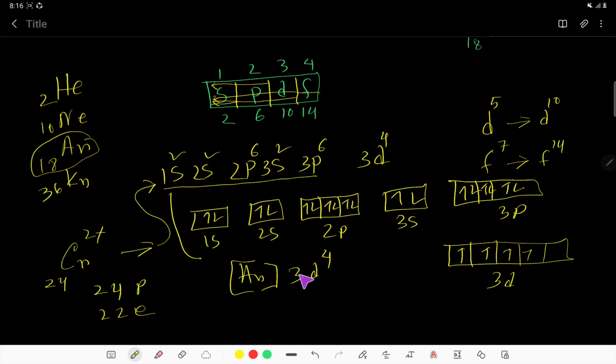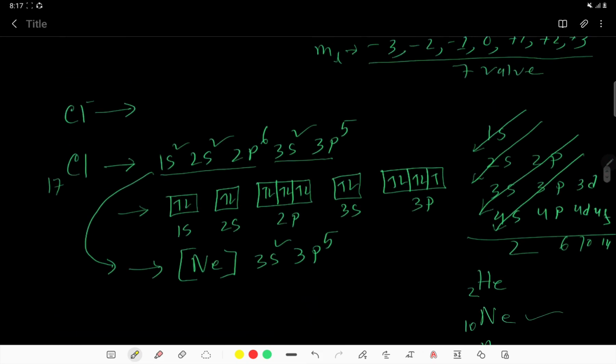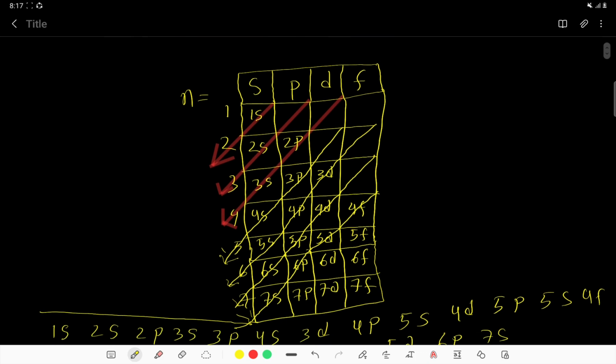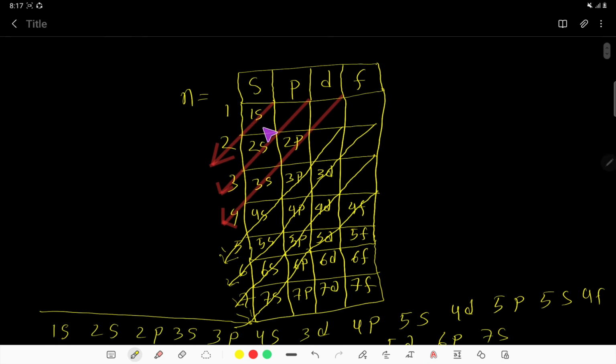So I am going to give you another tip so that you can have clear knowledge, right? When you write an electron configuration, we usually use s, p, d, f. Look, here we have 4 rows. These are the principal quantum numbers, that is, the energy levels. In the first energy level we get 1s, in the second we get 2s, 2p. So when you draw a line like this, you need to draw it at a 45-degree angle, right?